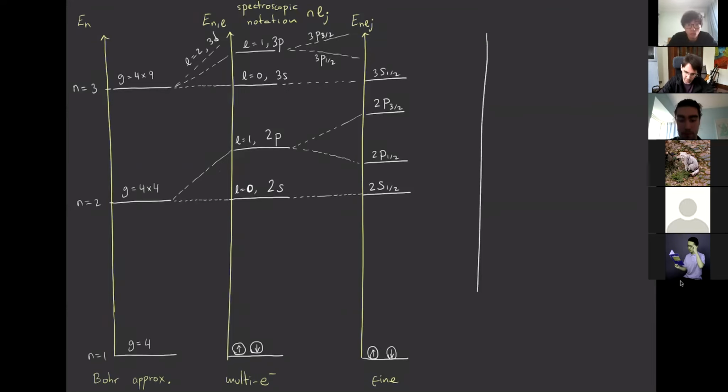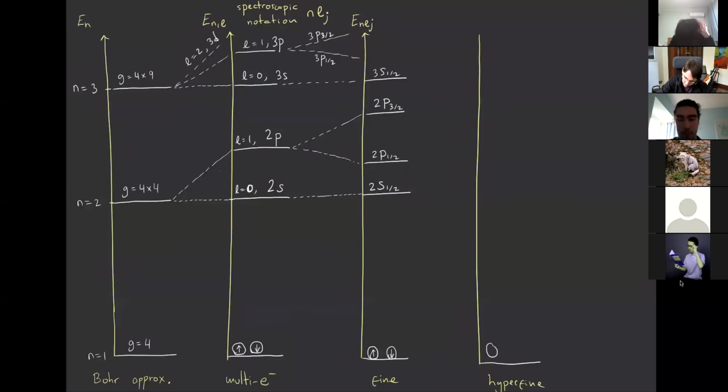Let me keep the color code. And what we see is that these hyperfine corrections, which again leave untouched the core electrons, lead to the following situation.